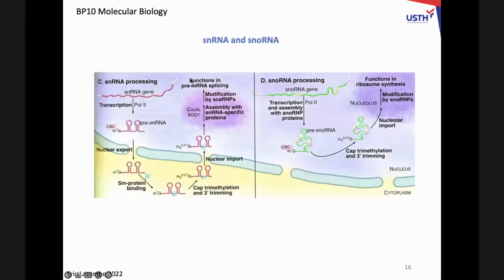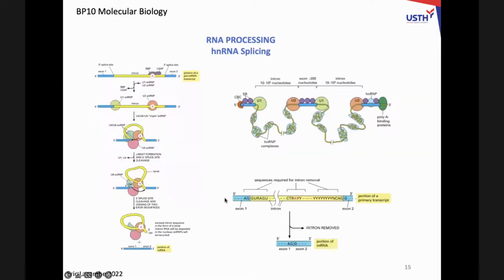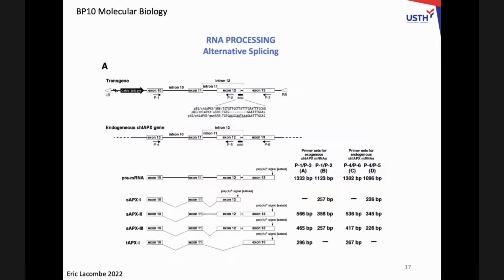So this is the idea of splicing, but there is something, and we will see that it's more and more well characterized in terms of function, because this is what interests us. There is a process in RNA which is extremely important, which is alternative splicing. The normal splicing you know very well: you remove the introns.